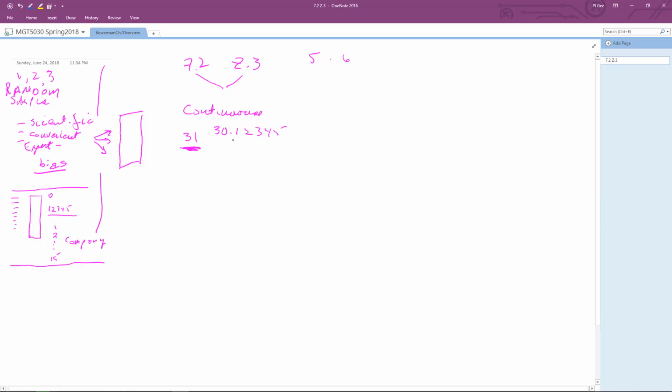That might be the mileage. You might go out to 5 decimal places, but usually this is a coarser measurement, so you don't need all these numbers. And so what you would probably do is just read to the 10th, okay? 30.1, 2, or 3, or 4, 5 miles per gallon, okay?